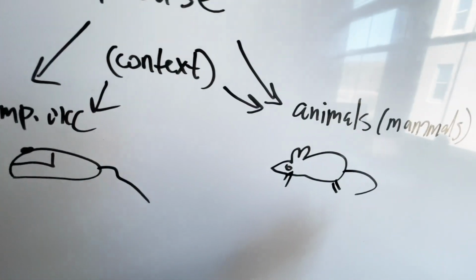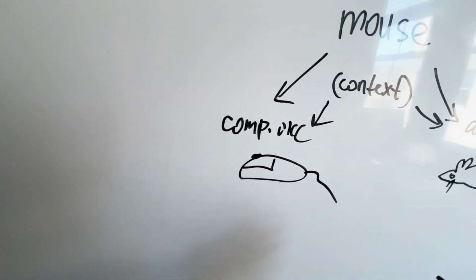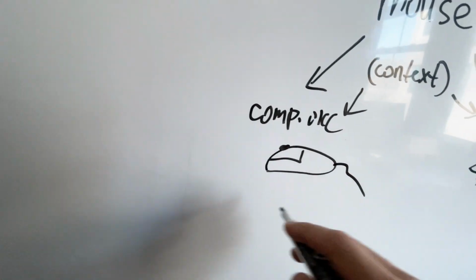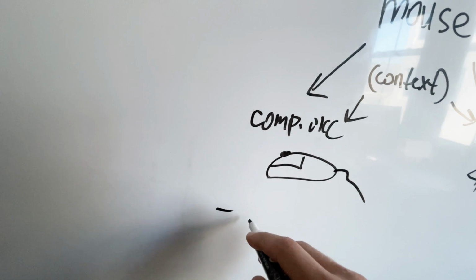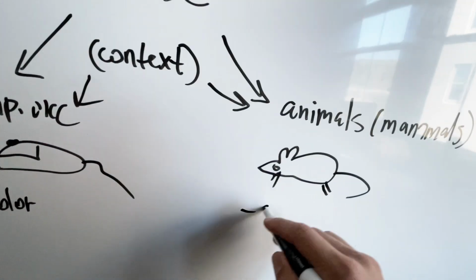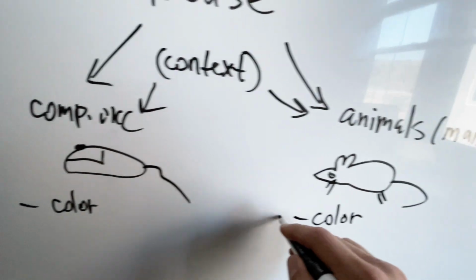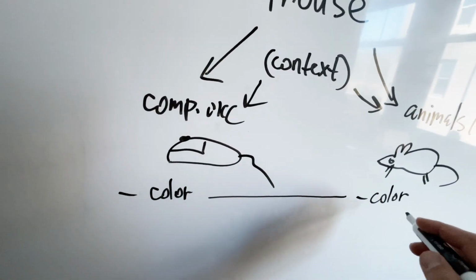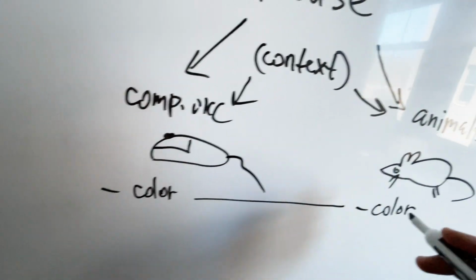These two have completely different attributes, but some of them are common attributes. For example, for a mouse you have color, and you have color here as well. So these are common attributes that both of these entities have.